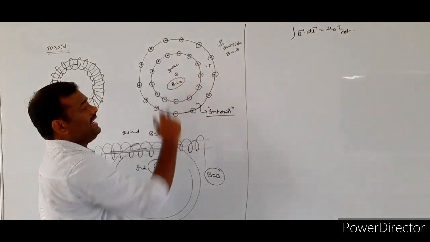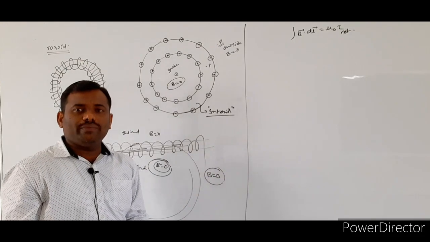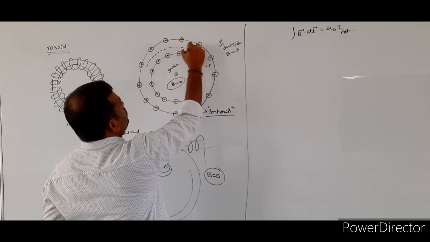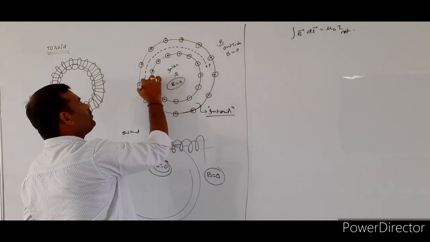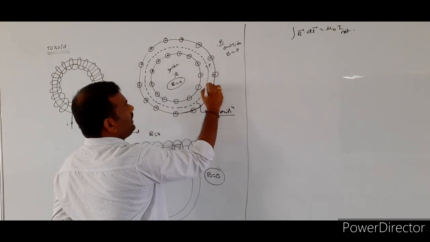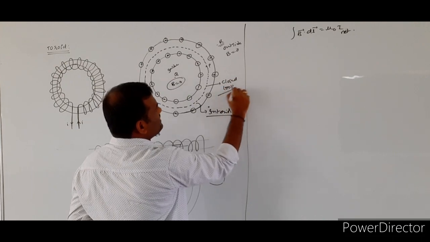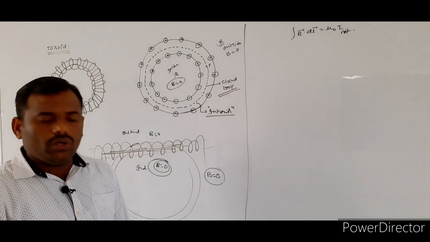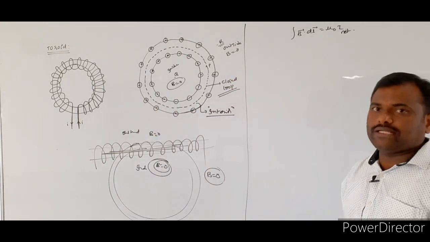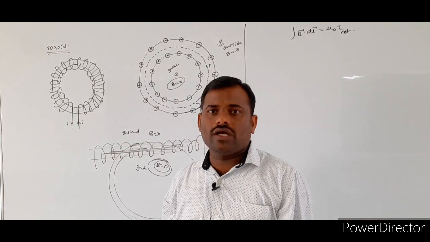I want to calculate at the point P the resultant magnetic field which is produced by the toroid. So I have to imagine a closed loop which is passing through the point P, where we are going to calculate the resultant magnetic field.